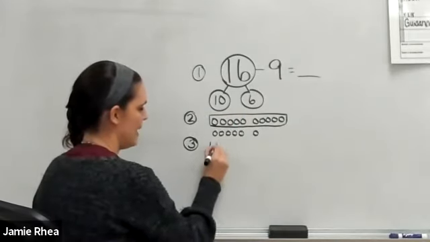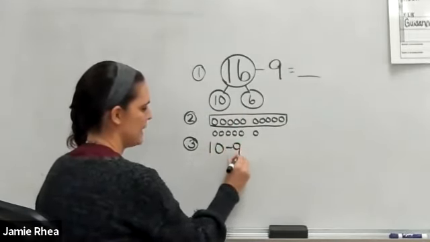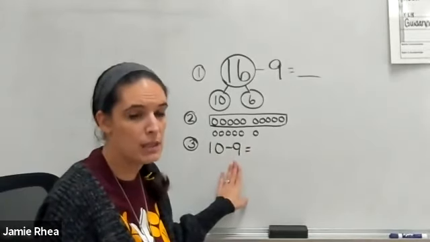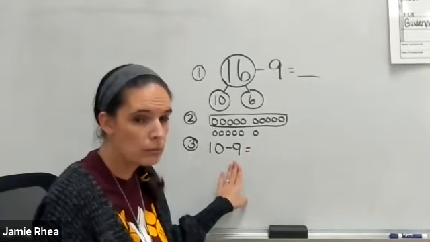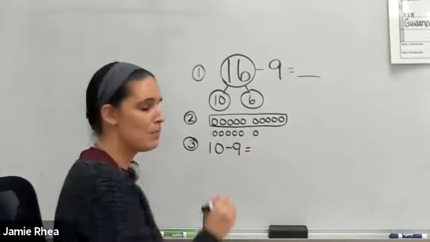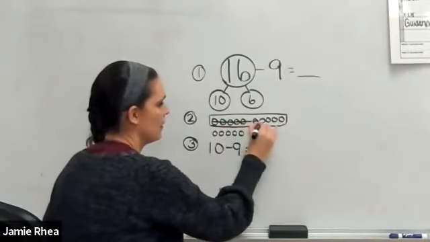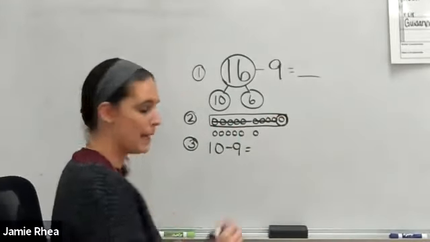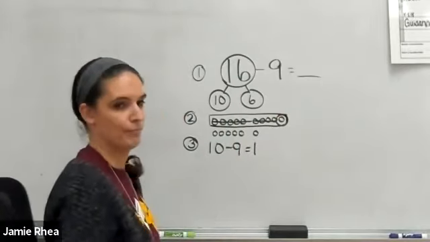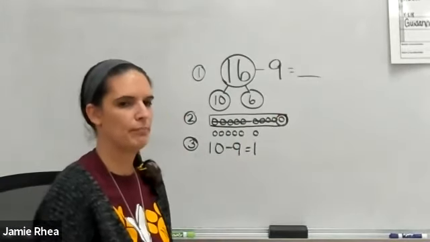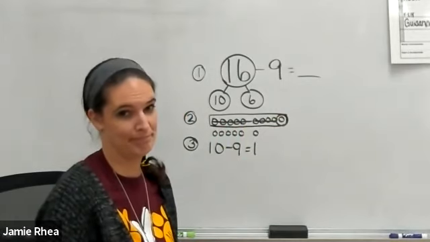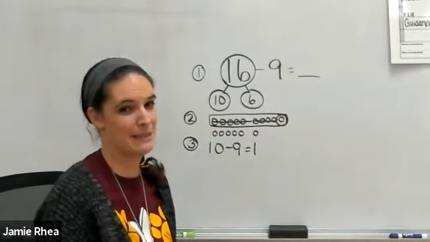So 10 minus 9 equals. Now, I can solve this in my head, or I can go up here to my 10 and mark out 9. How many do I have left in my 10? 1. We're not done. Now we're going to go to step 4. Are you ready? Step 4.